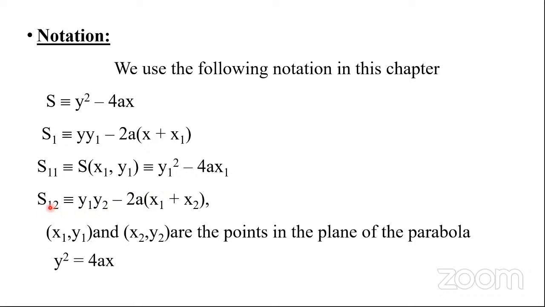S12: x is substituted with x1 and x2, and y with y1 and y2. So it is y1·y2 − 2a(x1 + x2). Here, (x1, y1) and (x2, y2) are points in the plane of the parabola y² = 4ax, to be noted.